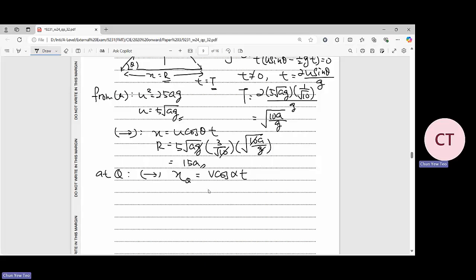Because the Q lands at the same place as P, the Q shares the same range as P. But the time for the Q to reach the ground is actually half of the t only, because the Q starts to project when the P is halfway. So we need to divide this time by 2 for the Q to reach the ground.